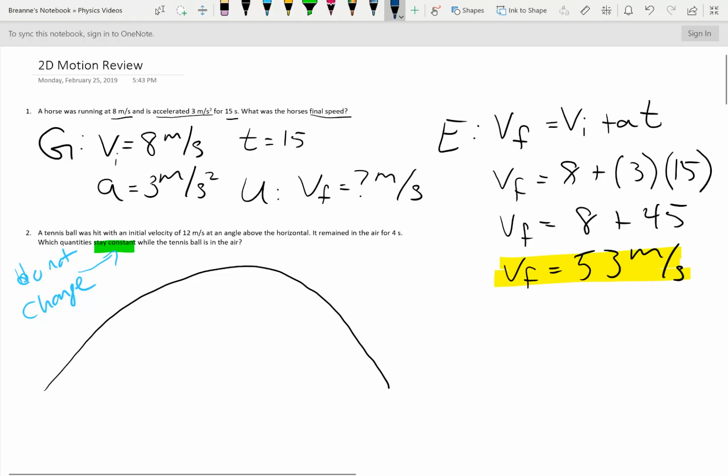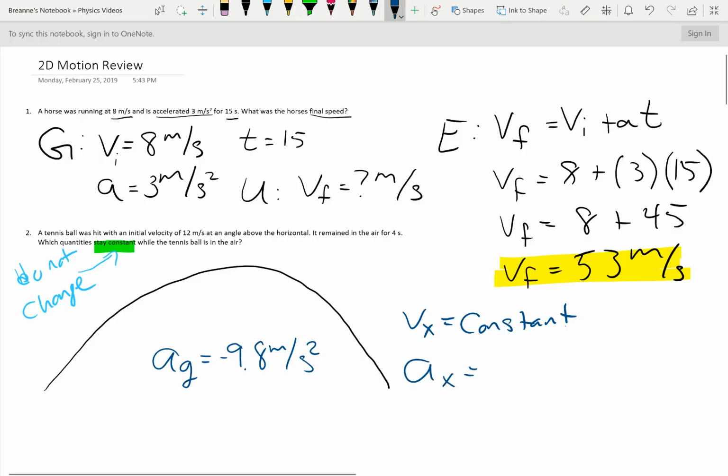Hopefully the first thing that pops into your head is acceleration due to gravity. And the second thing that pops into your head is that your velocity in the x direction is constant. Now, since velocity in the x direction is constant, what does that mean for your acceleration in the x direction?